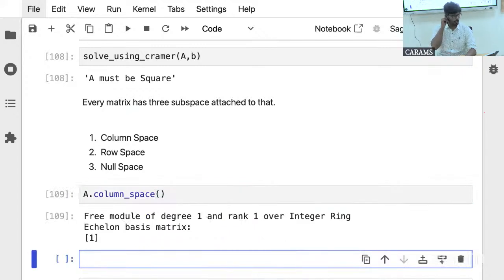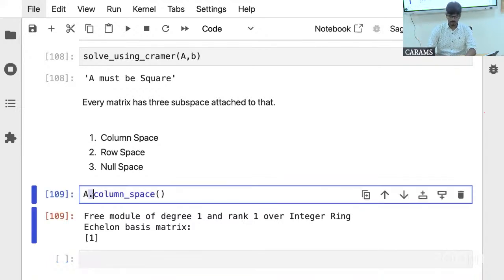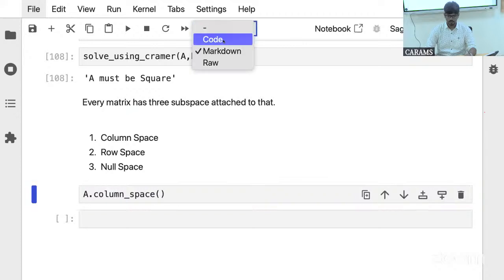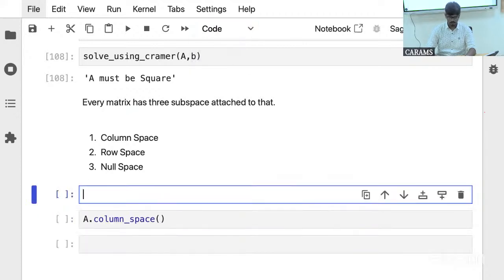That's all. Now, why is it simply a 1? That's because my A is different now. A is just a single one-dimensional array. Can you notice? Let me give a good matrix at least.